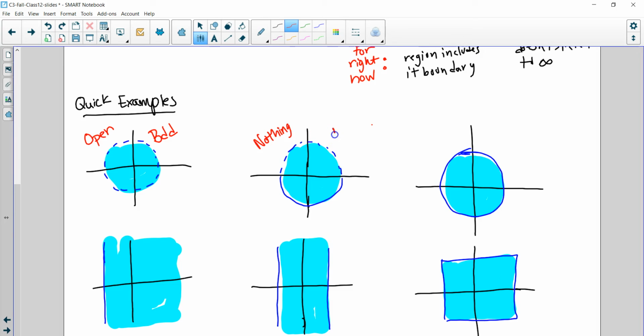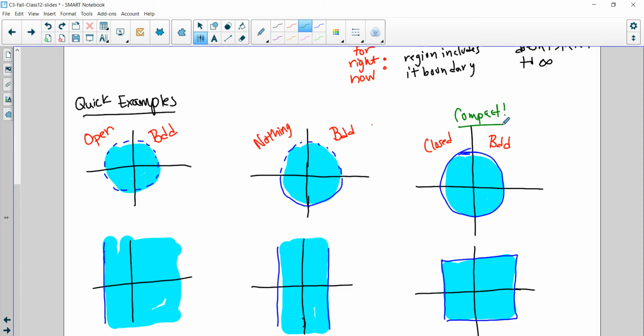We would still say that this is bounded, though, because it does not stretch off to infinity. This next region does include its boundary. So we're going to say that this one is closed, and it is bounded. So this one, therefore, is compact. Yay, compact.